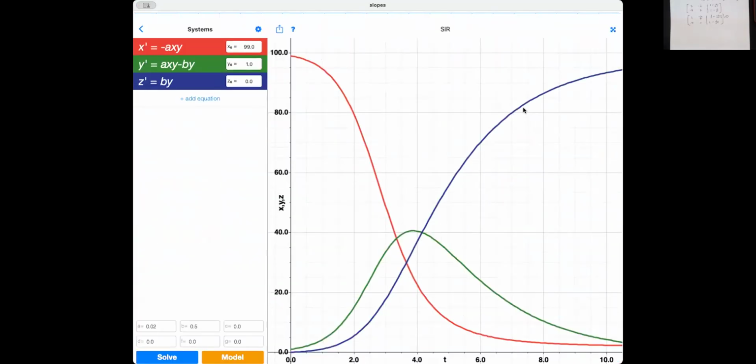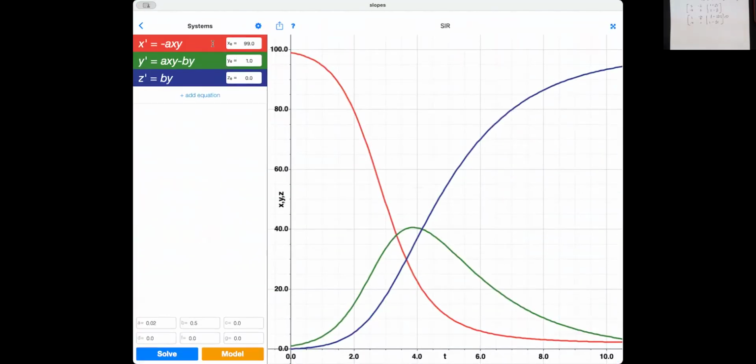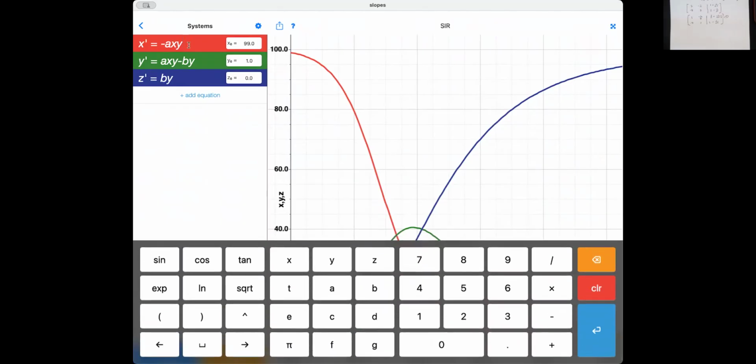So systems, I have three equations here, right? My first equation is x prime, what's dx dt? I solved it. Well, no, let's go back before we solve it. If I go back to the beginning, the example says dx dt equals negative lambda 1 times x, right?